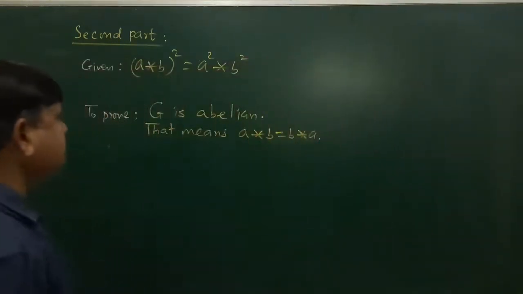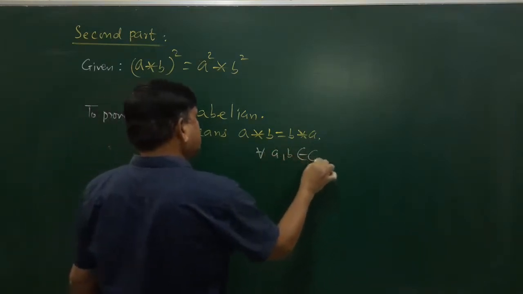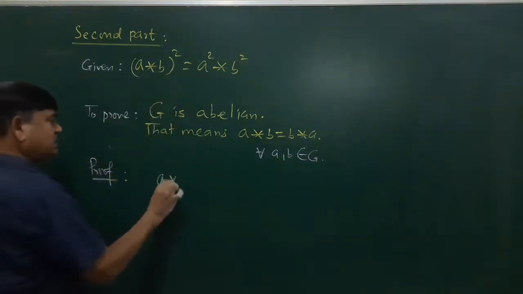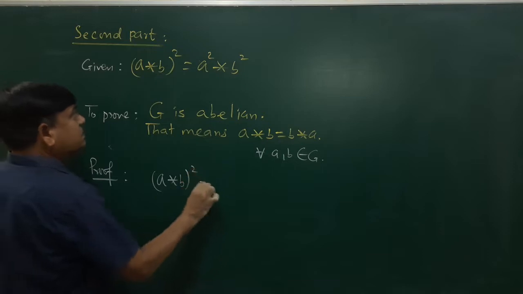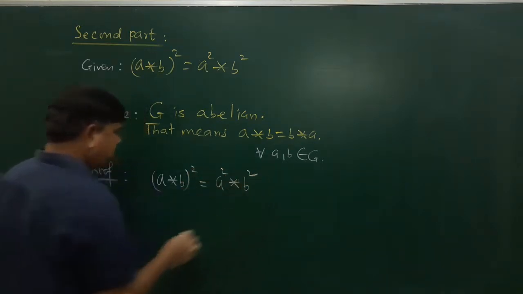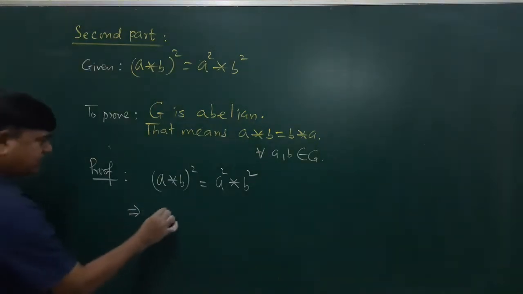For all a, b in G. This part is given. So this implies. What is the meaning of this?